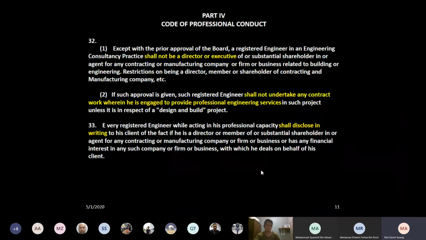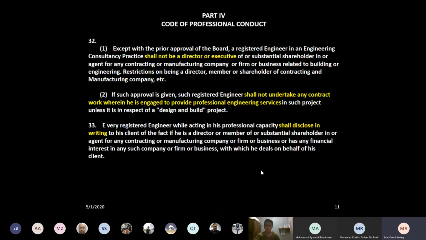So basically, if you are involved as a consultant, you cannot be a shareholder, the owner, or the director in the company which is being awarded the project for which you are a consultant. So basically there is a conflict of interest.